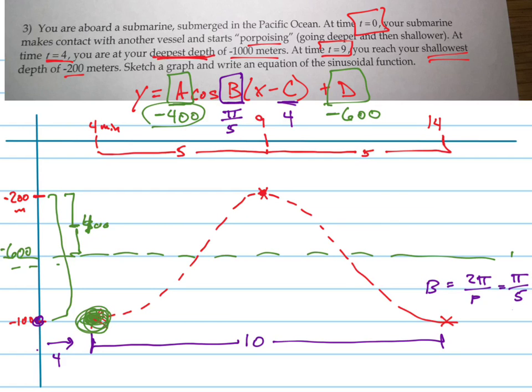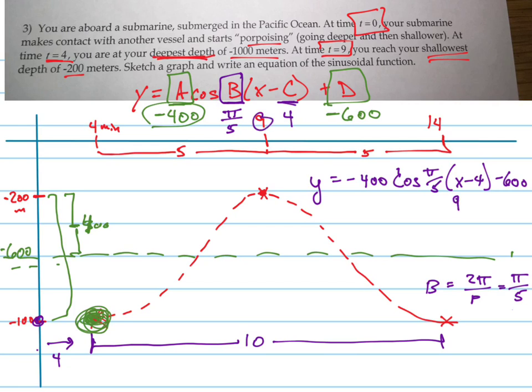So your equation, let me write it more neatly, is y equals negative 400 times the cosine of pi over 5 times (x minus 4), minus 600. And to test it, just grab one of your points. Let's take 9.